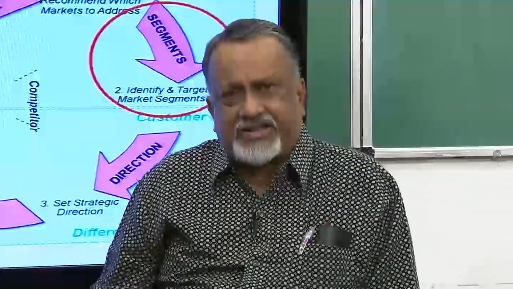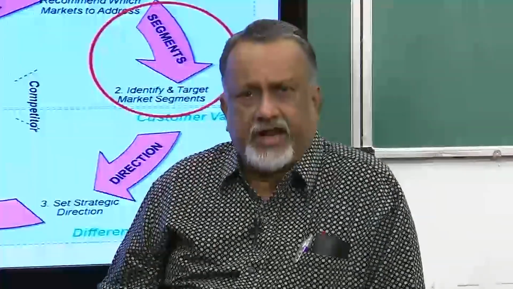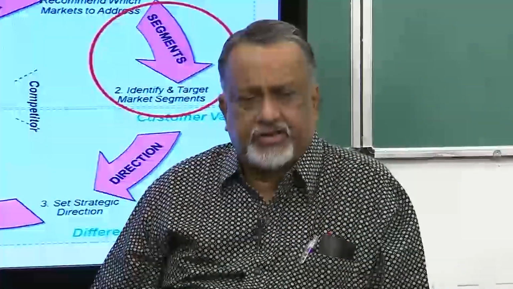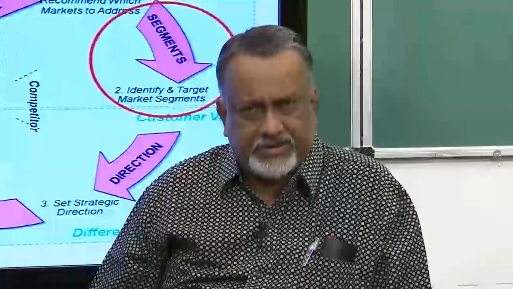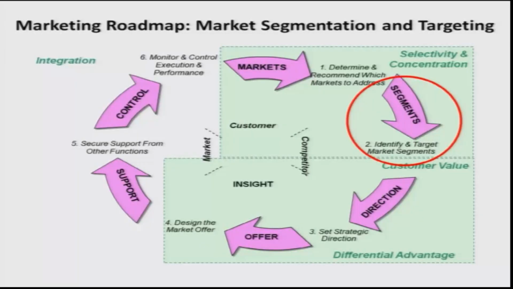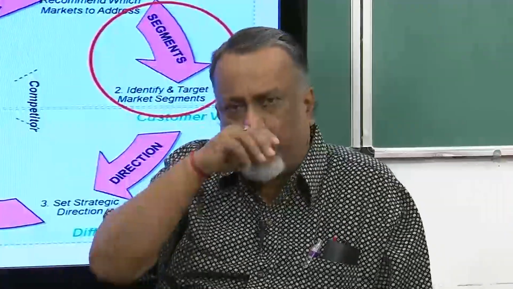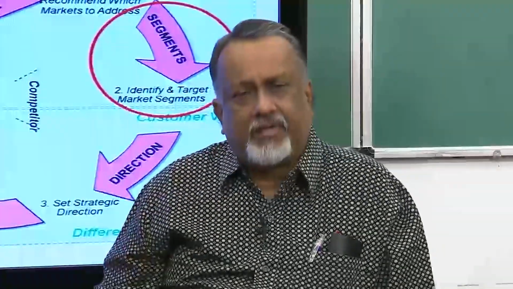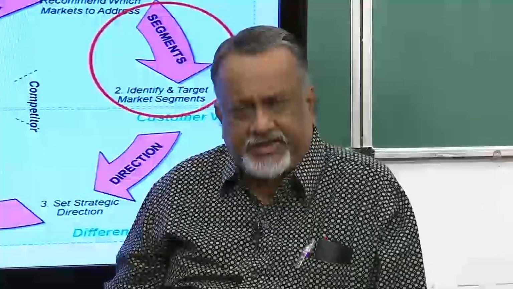I would like to place this in the overall context of the marketing roadmap. This is a very important diagram, because it will show you what we have done so far and what we are going to do this week, next week and going forward in managing marketing part 2 and 3.